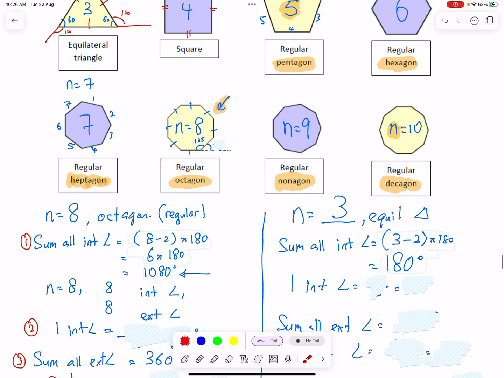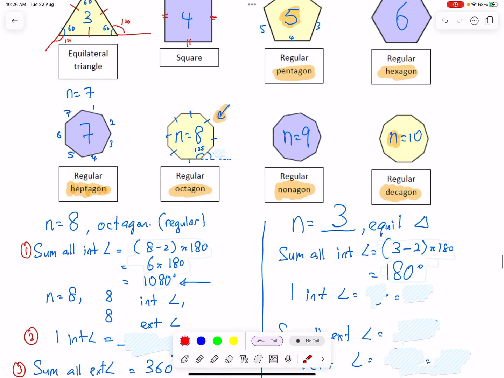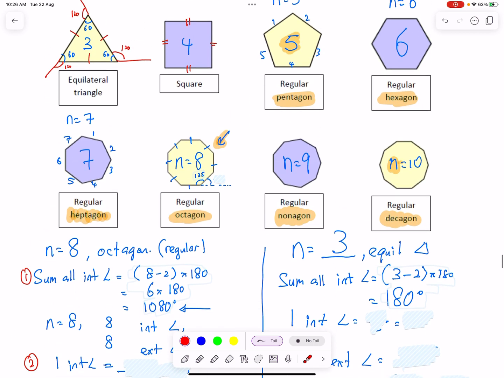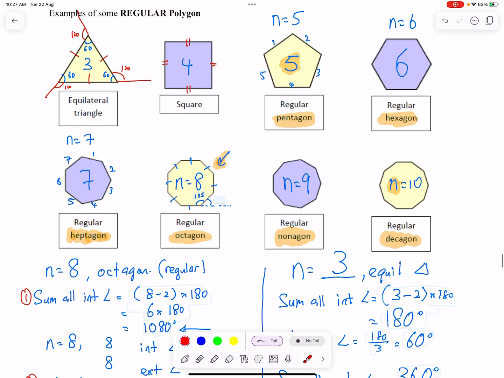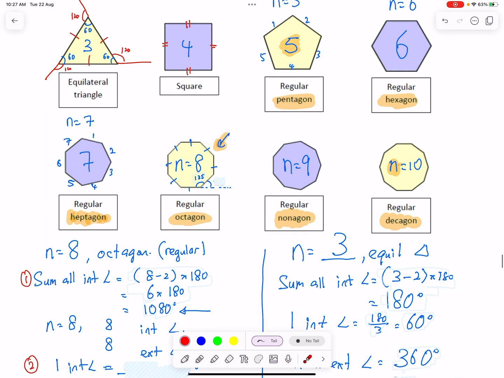Now let's go back to the triangle. If I only want to calculate just one interior angle, I will need to take 180 divided by 3, and I'll get 60. For one exterior angle, I know interior and exterior form one straight line. The sum of all exterior angles is 360, which means this red angle added together is 360.